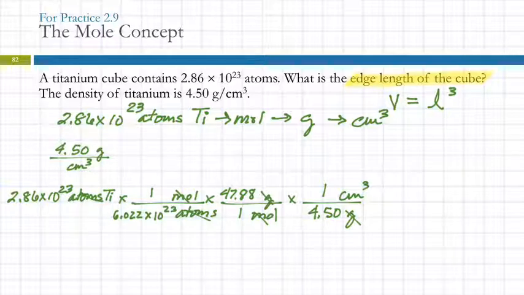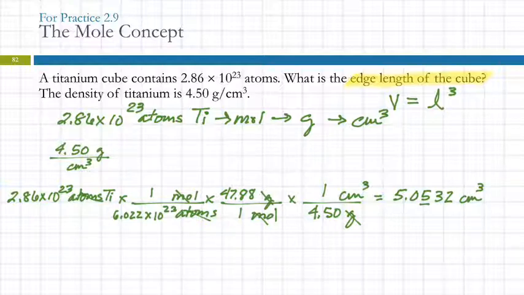Okay, so we got all our numbers in, all of our units in. We can do this calculation, 2.86 EE23 divided by 6.022 EE23 times 47.88 divided by 4.5 equals, and based on the numbers I was given, I should have 3 sig figs, and so I'm going to write out 3 significant figures and 2 extra digits and the unit centimeters cubed.